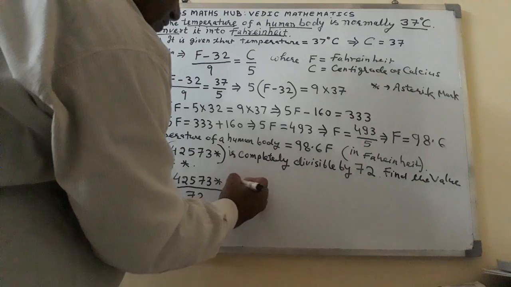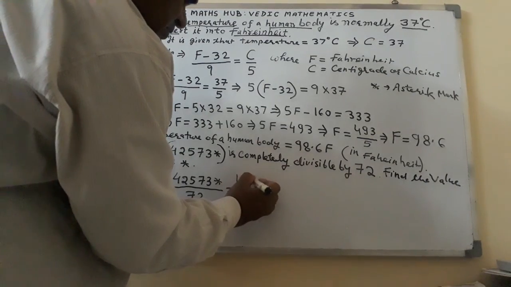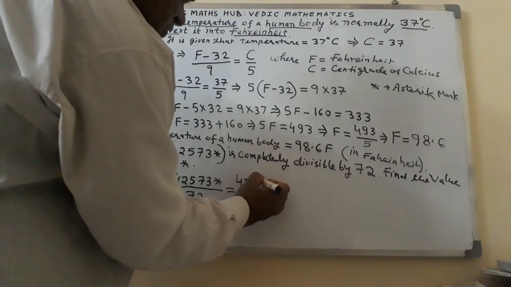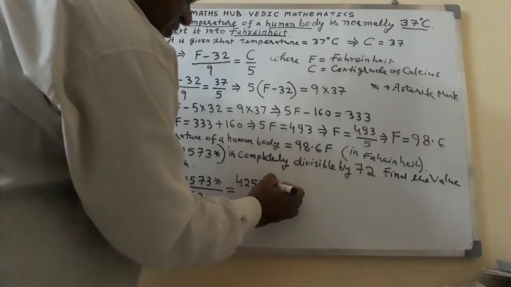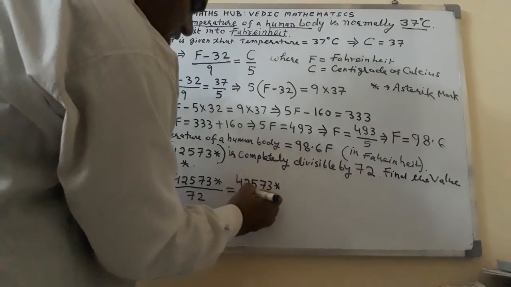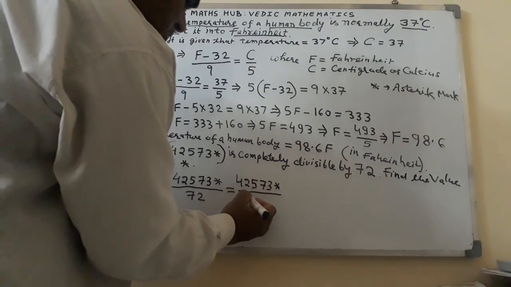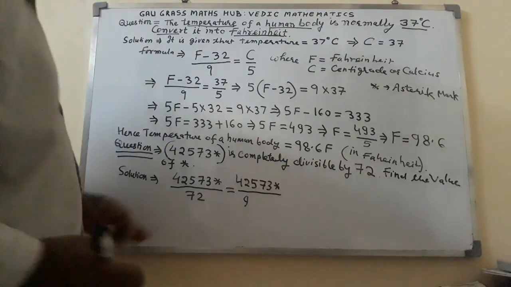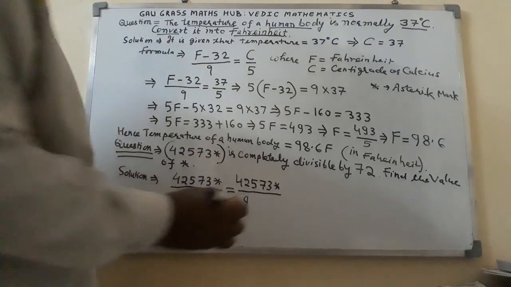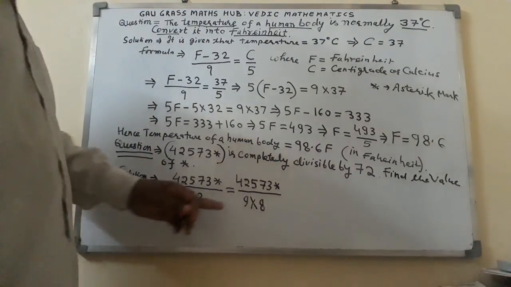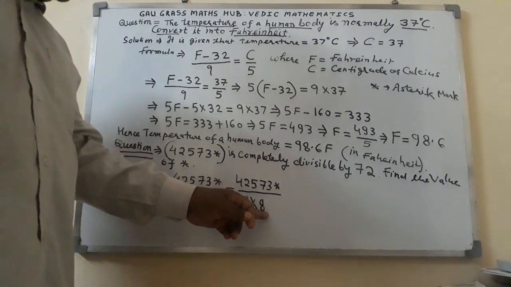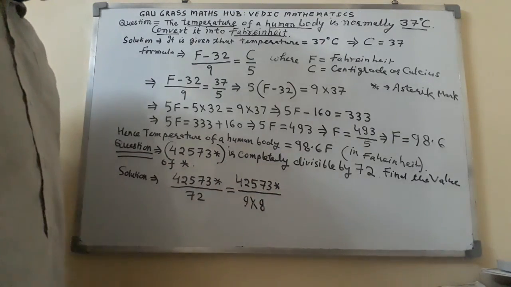Here I shall write 425 asterisk 73. The factors of 72 can be written as 9 into 8. So here 9 will multiply with 8, you will get 72.